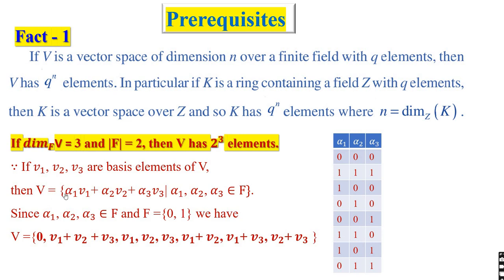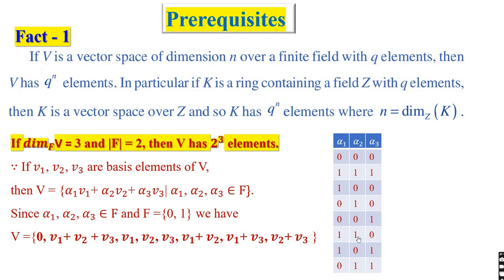Then V being the linear combination, we can write V as this, where the alphas range over F. F has only 2 elements, 0 and 1. So from this table we can see that these would be the elements of V. Your alphas can be all zeros, or all of them can be ones, or one is 1 and the rest 0, or two are ones and the rest is 0. So these are the combinations that we have.